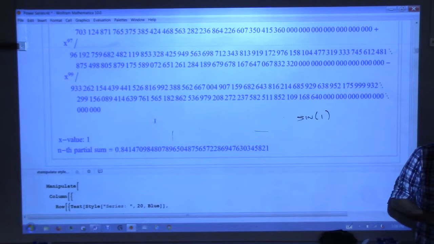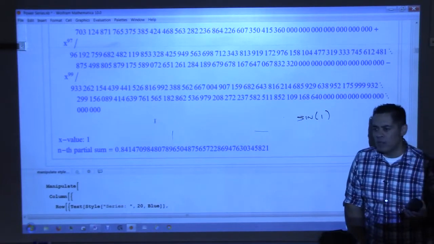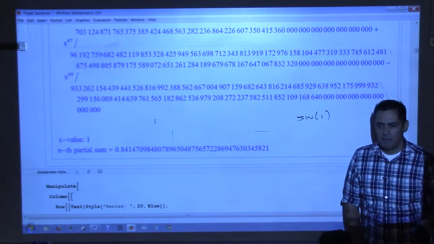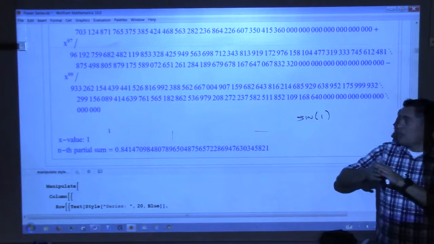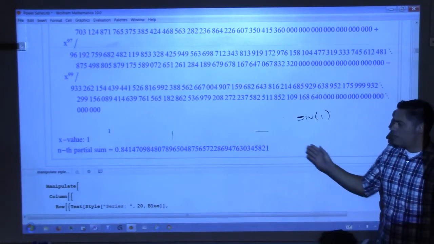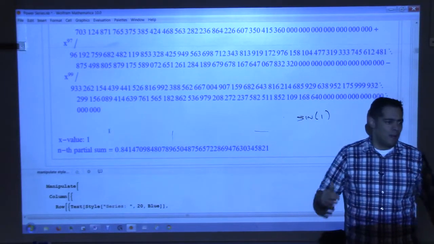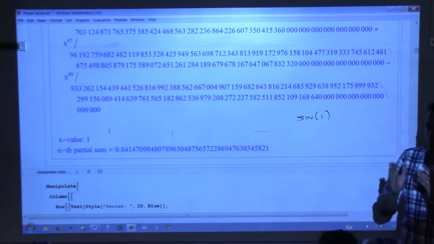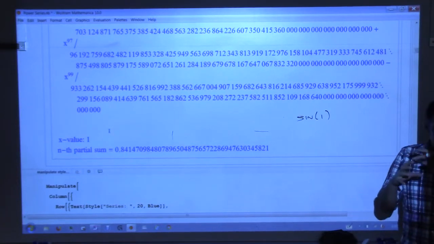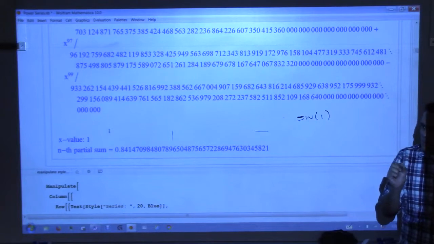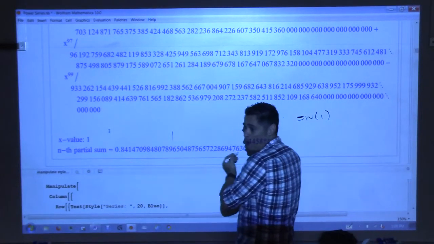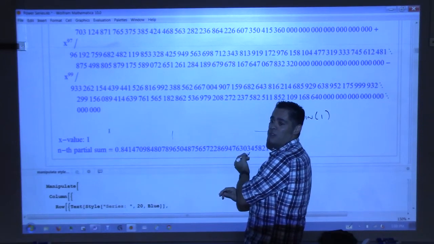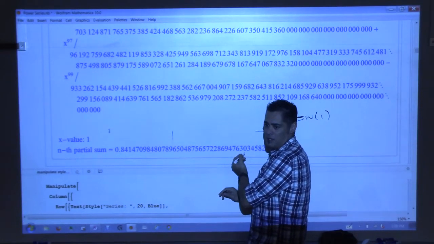Now, you may argue, well, that's not really what sine of 1 is. Just like pi would keep going forever, this may keep going forever too. But if I'm building an aircraft and I need to make a ball bearing that has to be milled out of a machine very precisely, there's no machine out there that could be that precise.